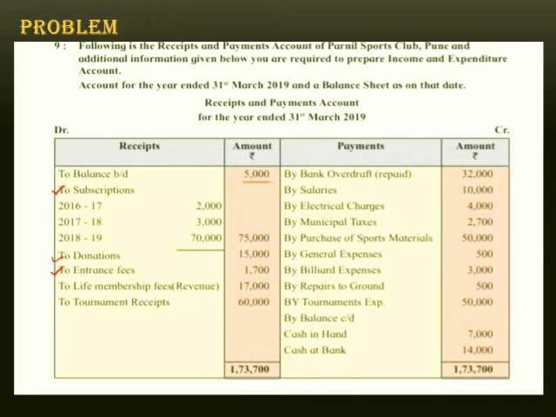Receipt side: to balance brought down, 5,000 is given. To subscriptions, 3 years' subscriptions are given, 2016-17, 2017-18 and 2018-19. Then donations, entrance fees received, life membership fees received and the tournament receipts.